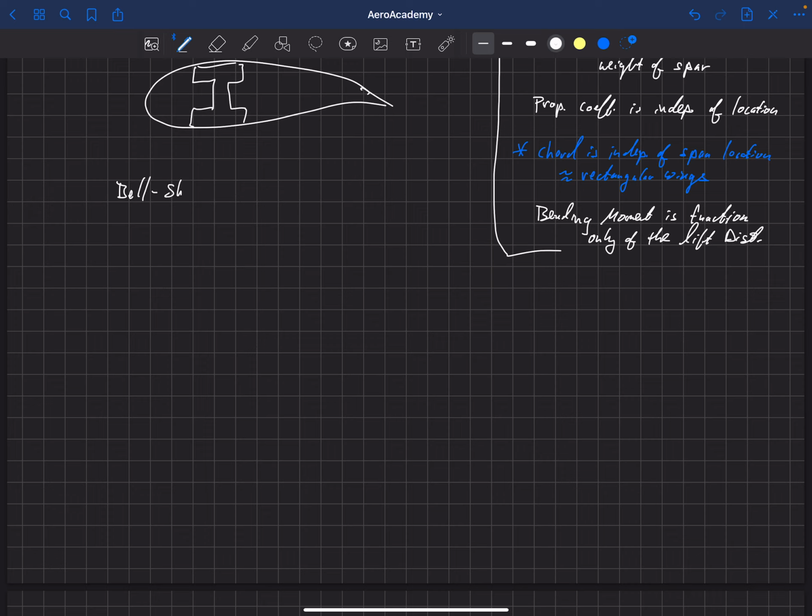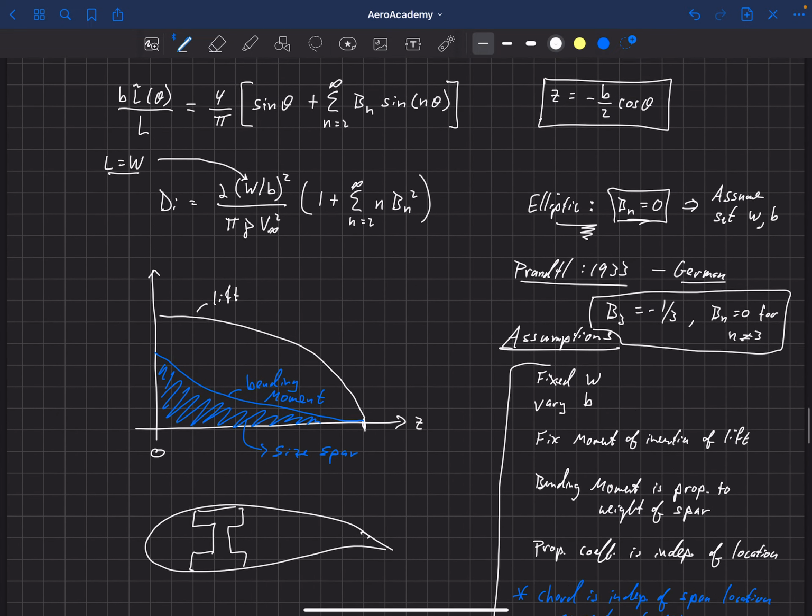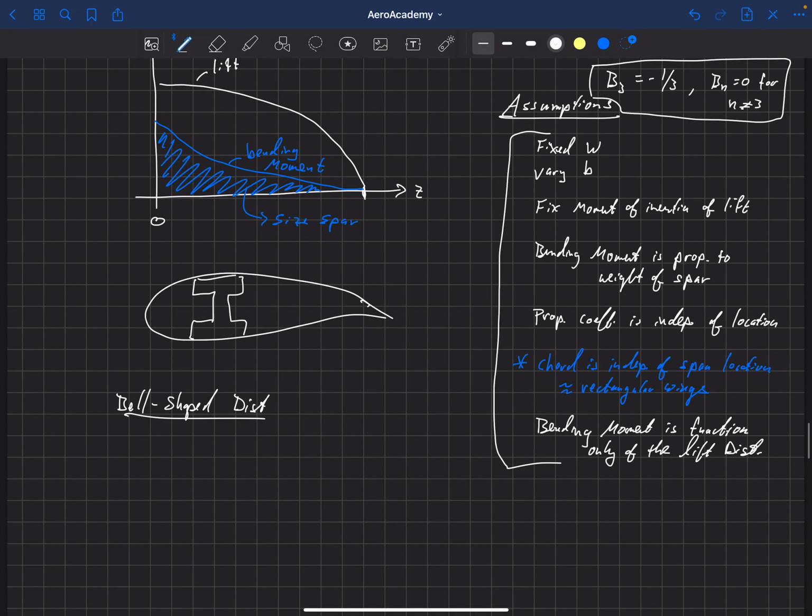The equation is B times L tilde of theta over capital L equals 4 over pi times the sine of theta minus 1/3 sine of 3 theta. Let's make sure that's right. Yeah, that looks correct to me.